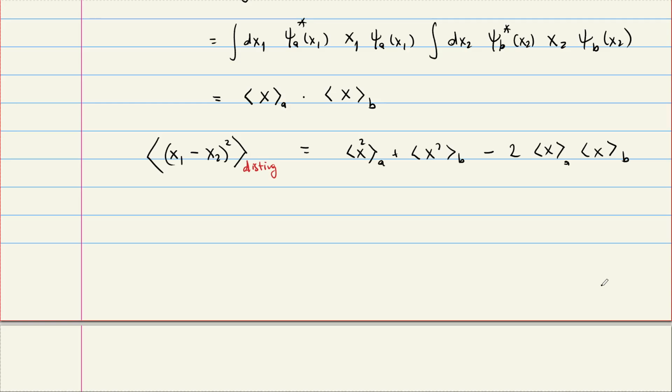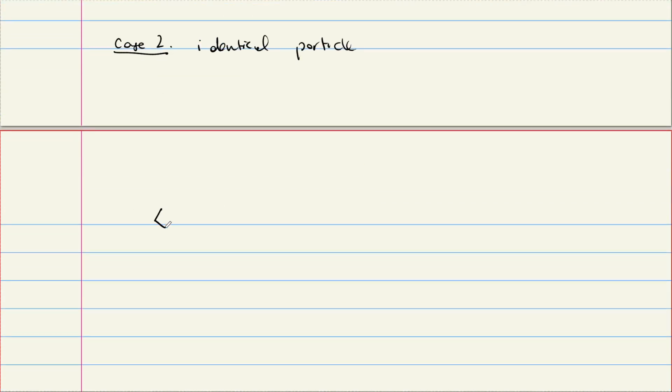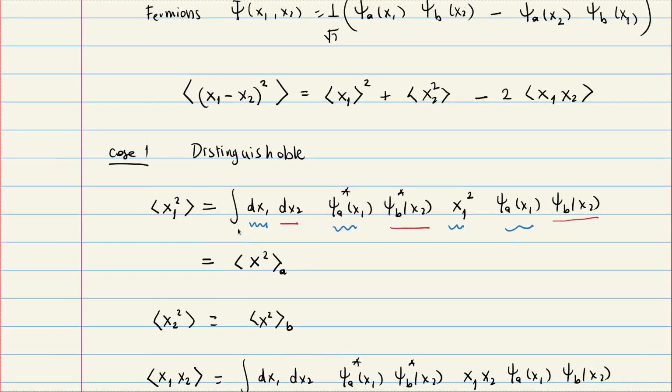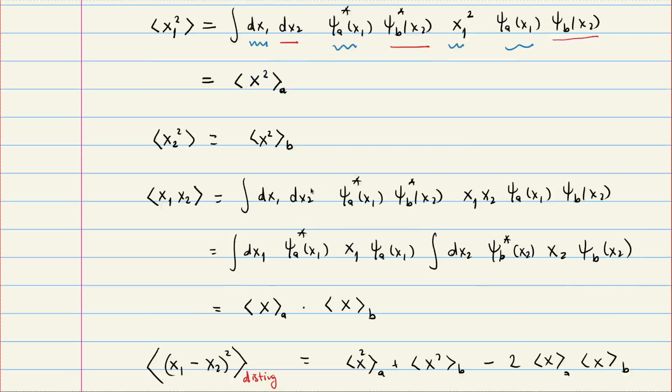So let's do first the case 2, identical particles. Let's start with 1, and you'll see, as long as you keep track of terms, they're almost all trivial. So because of this 1 over root 2 times 1 over root 2, I'm going to put 1 over 2 in front.